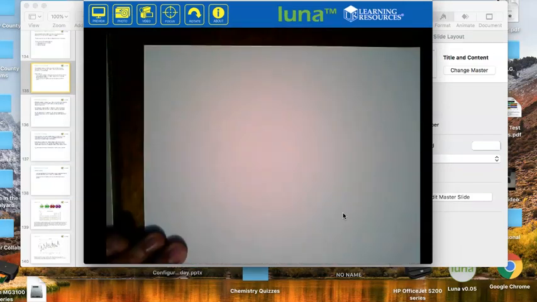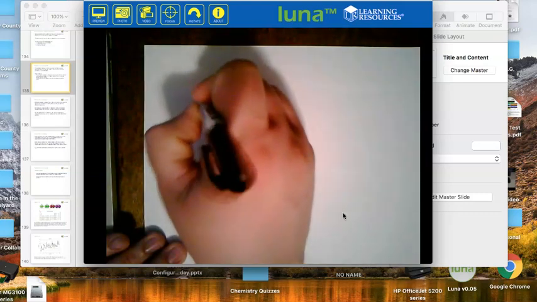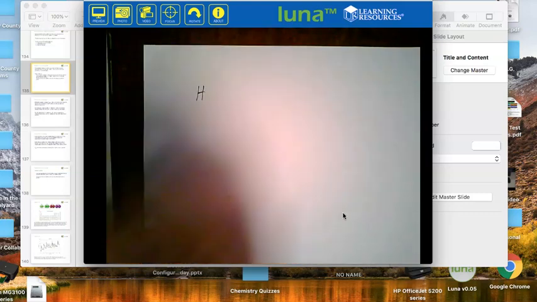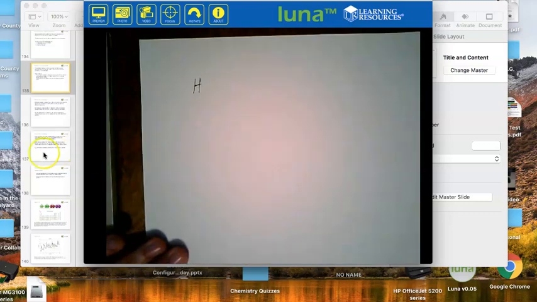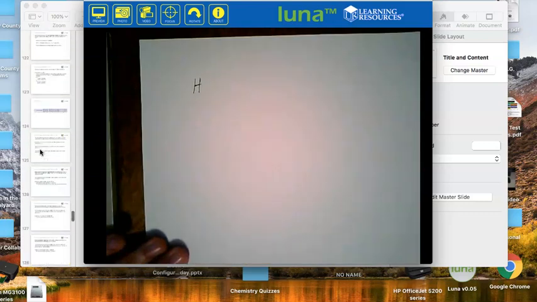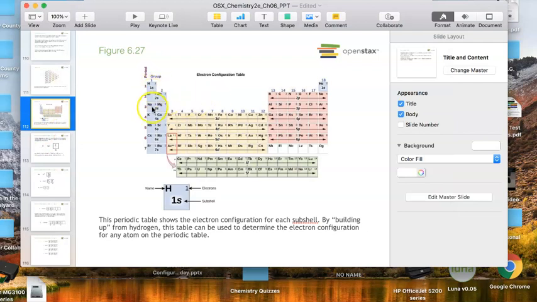So let's compare the size of hydrogen. We're going to draw two board models here. The size of hydrogen versus sodium.